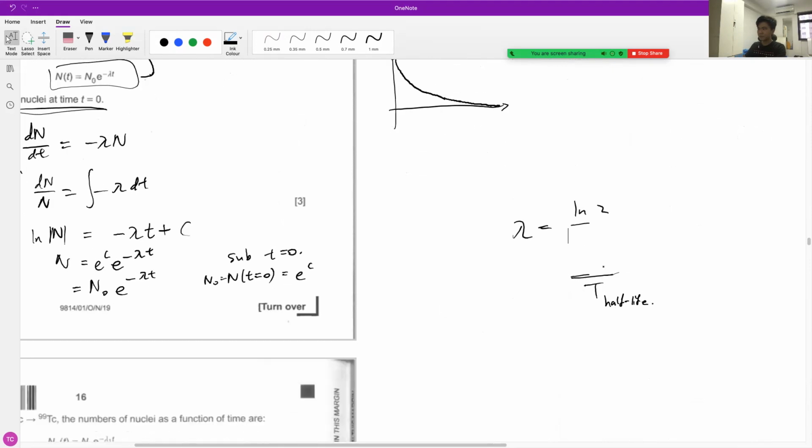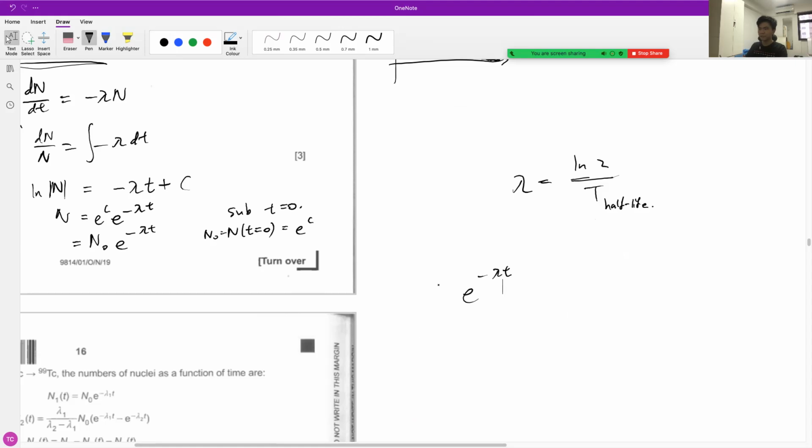Yes, it helps to understand why that is so. So you have e to the power minus lambda t. The question is, when is this equal to half?